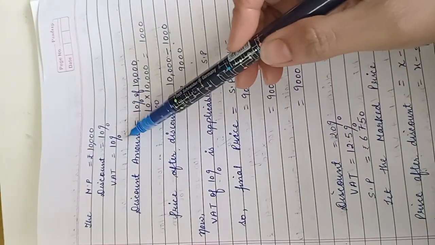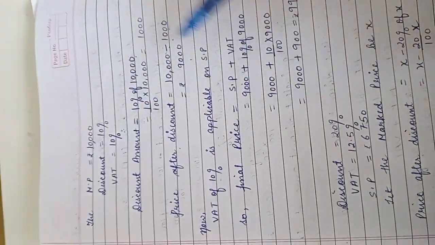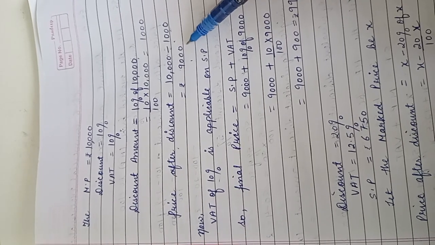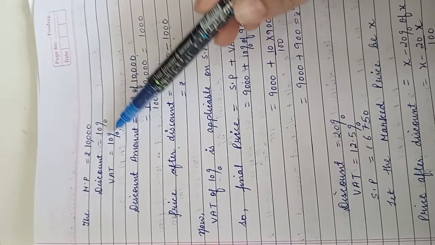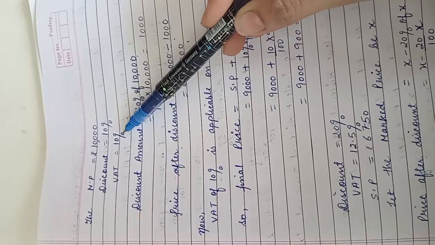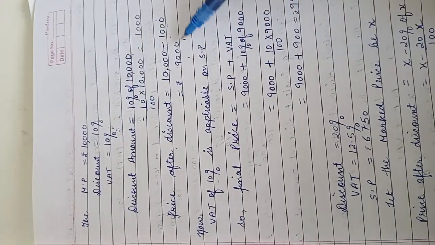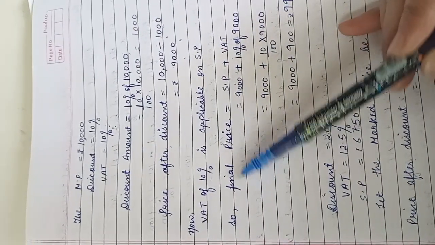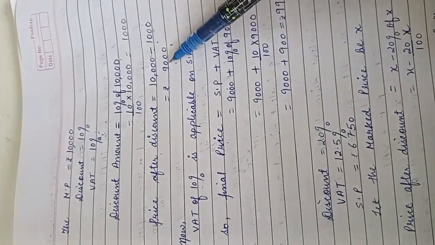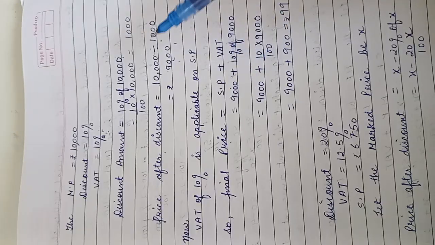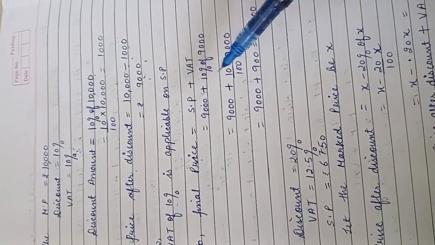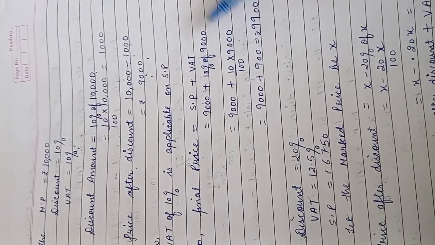Now they have also given us the tax of 10%. So after discount, we have to pay some extra amount. How much? 10%. 10% of what? 10% of 9,000. So the final price will be the 9,000 rupees plus the tax, which is 10% of 9,000.